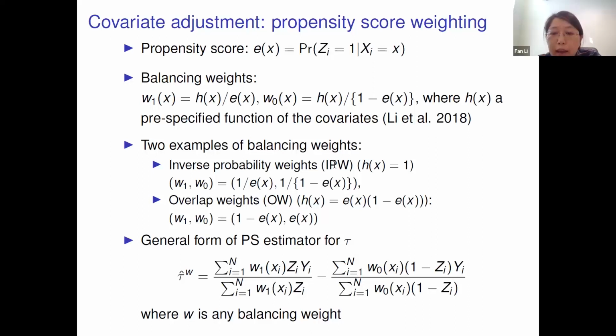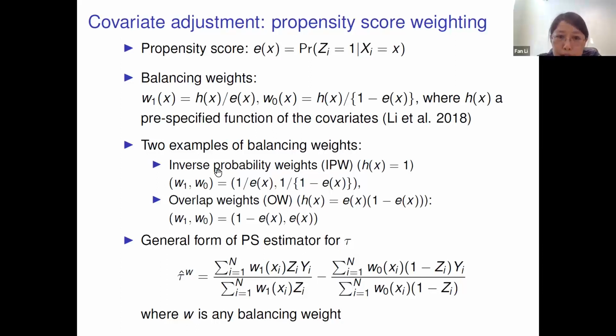But in the context of covariate adjustment, it doesn't matter. As I said, the propensity score is a working propensity score because the true propensity is r. So it doesn't actually change the estimate, but IPW and overlap weights are just different ways to do covariate adjustment to achieve efficiency gain. So that is the idea.